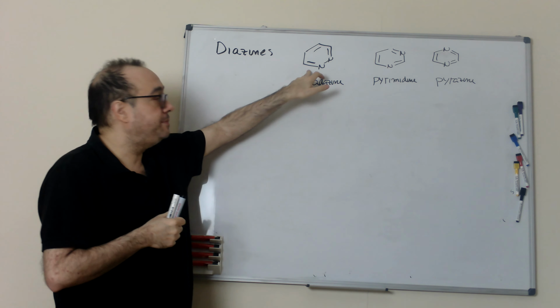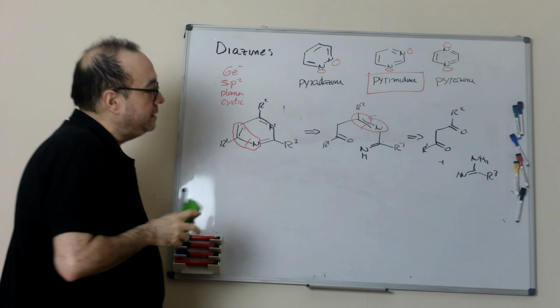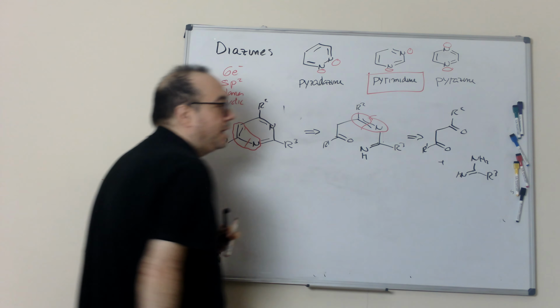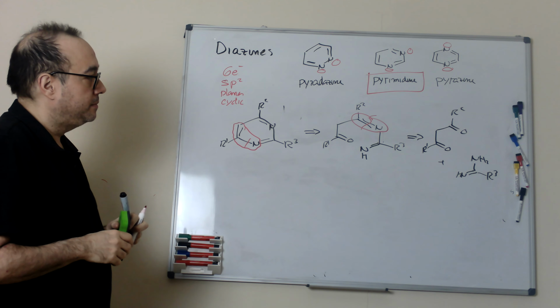And we can do exactly the same. Here is an imine, that means that we can break this, and this will come from a 1,3-dicarbonyl compound plus an amidine.